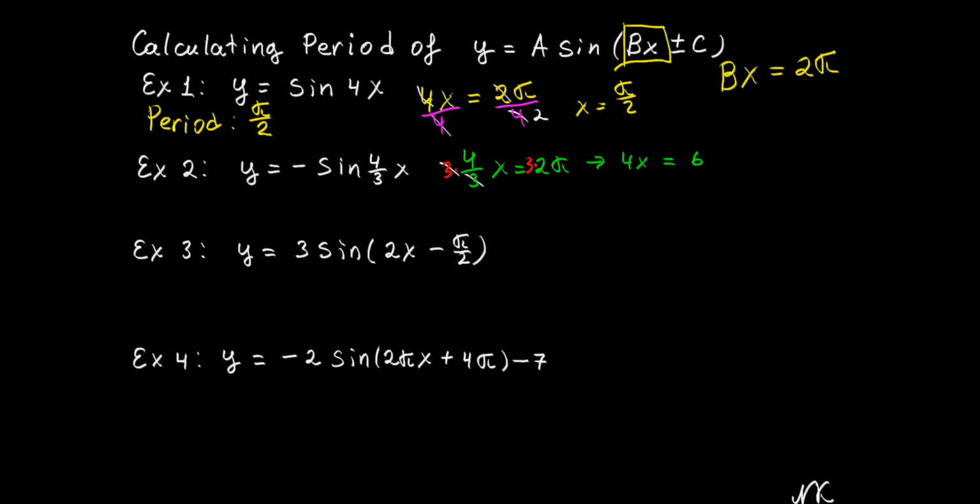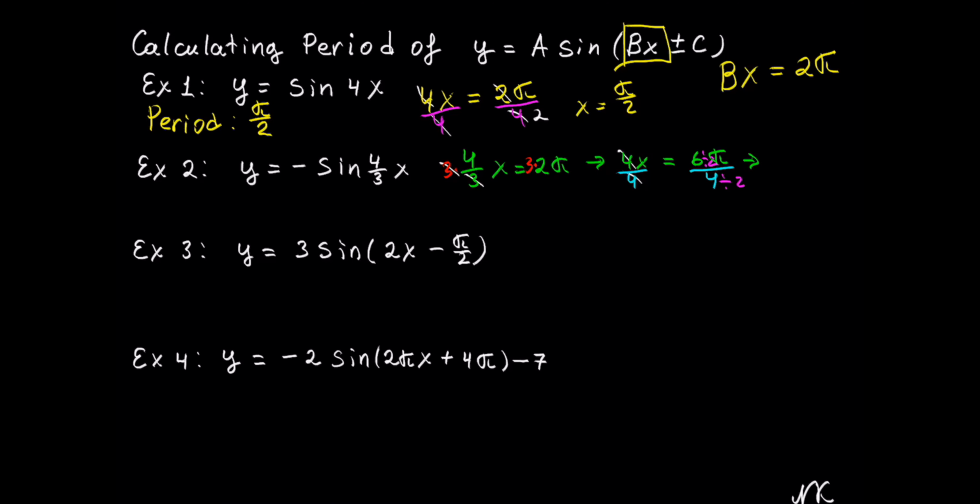and we get 4x equals 3 times 2 pi, which is 6 pi. Now we can undo multiplying by 4, so the inverse of multiplying by 4 would be to divide by 4. And whatever we do to one side, we want to do the same thing to the other side, so divide by 4. 4 and 4 will cancel on the left, and on the right, both 6 and 4 can be reduced by 2.